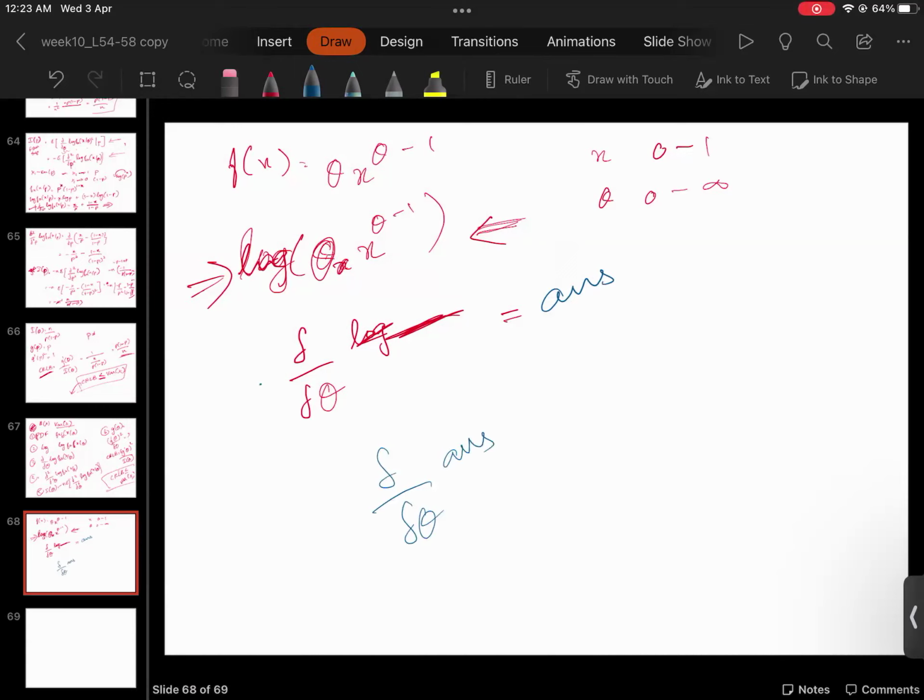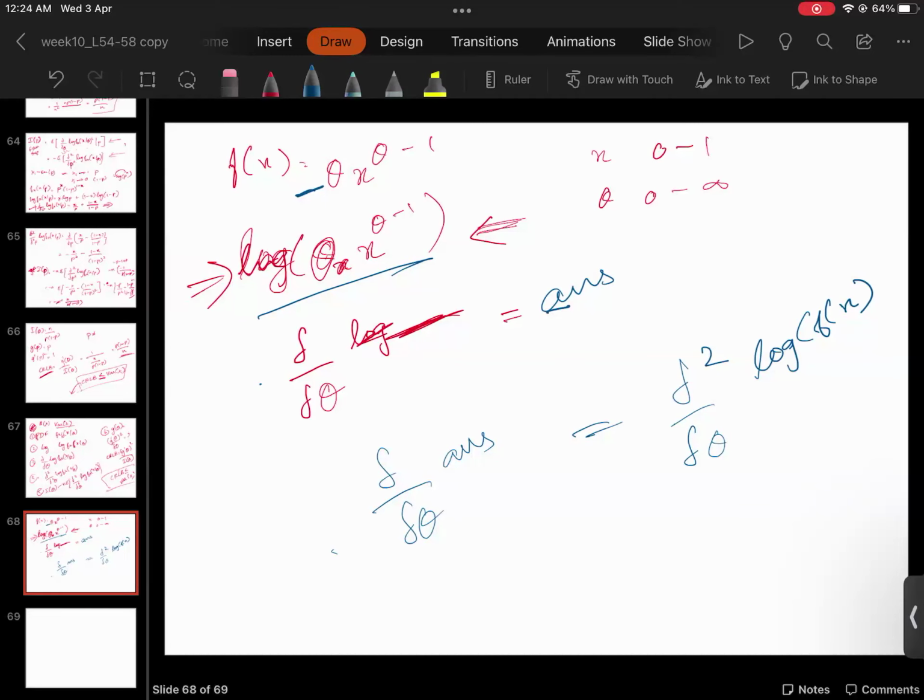So now you have done the differentiation twice. This step is actually the double differentiation of log of f of x. You first take a log, differentiate it with respect to theta, and whatever answer you get, differentiate it again with respect to theta.